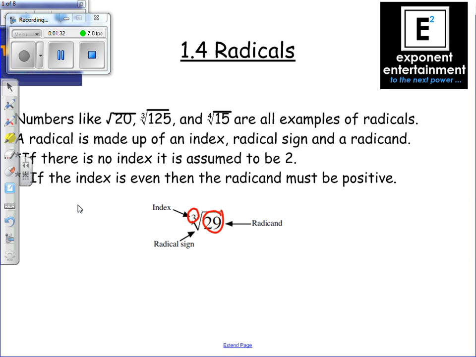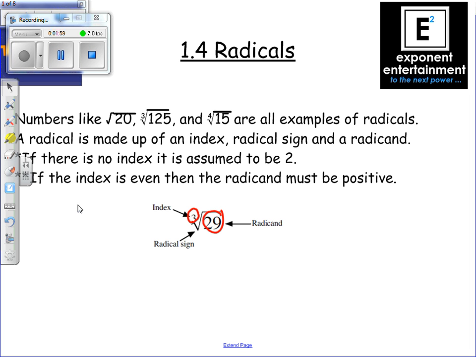Okay, next page. It says just as with fractions, equivalent expressions for any number have the same value. So when you have your radical sign, see how it says the root of 16 times 9 equals the root of 16 times the root of 9?